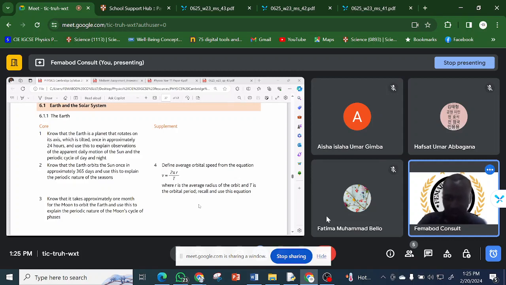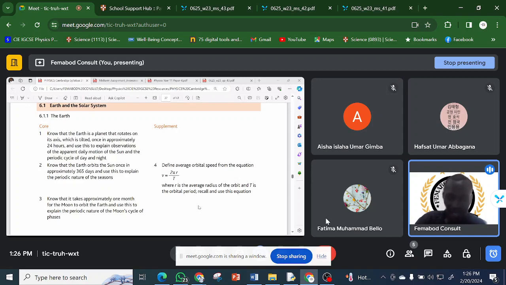Then the second variable there is T, uppercase T, and that is the orbital period. The orbital period is the time taken for the Earth to complete one rotation around the sun. That is the T.